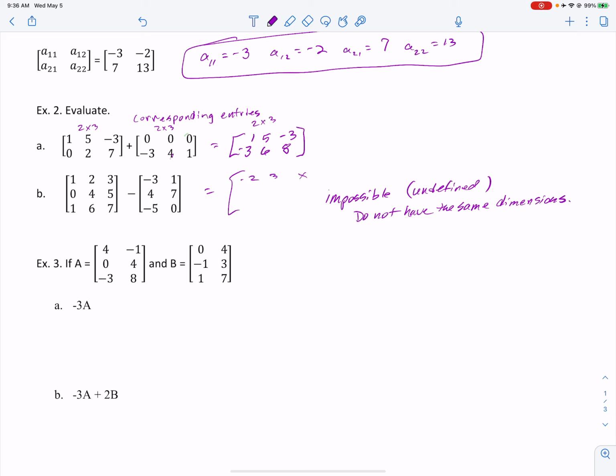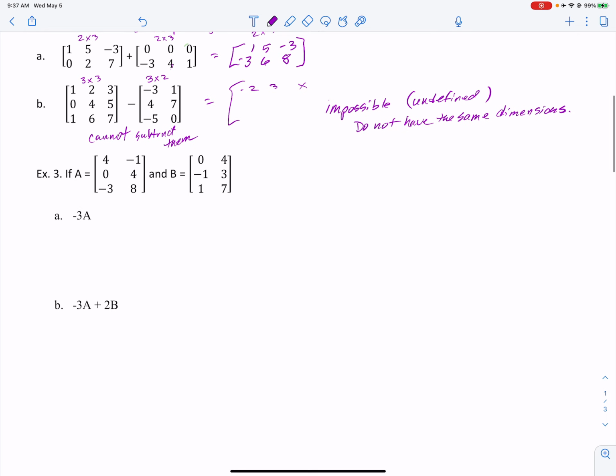So in order to add or subtract matrices, they have to be the same size. This first one is 3 rows by 3 columns. The second one is 3 rows, but it's only by 2. You cannot add or subtract them because they're not the same size.